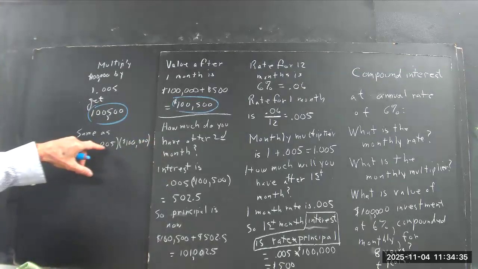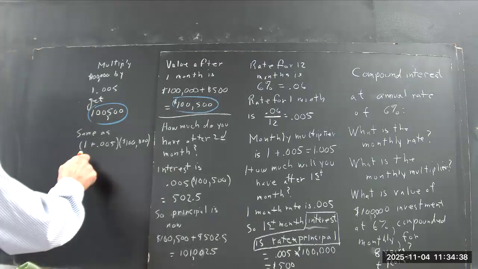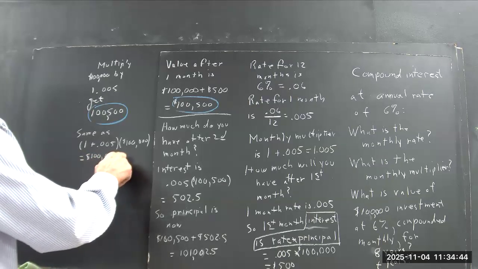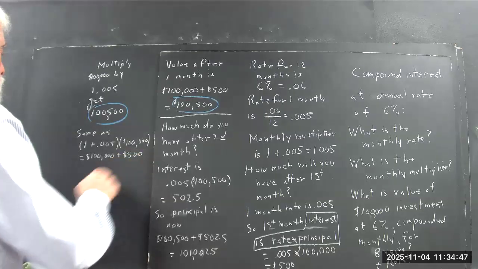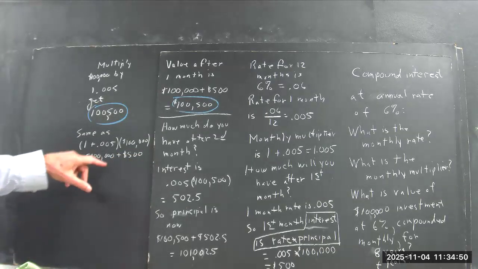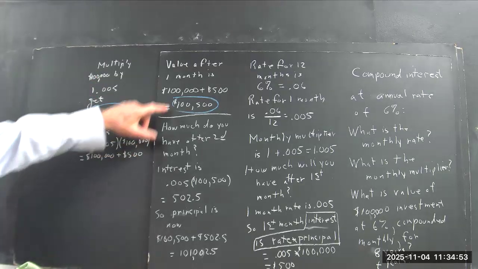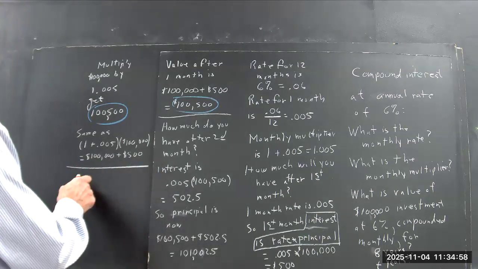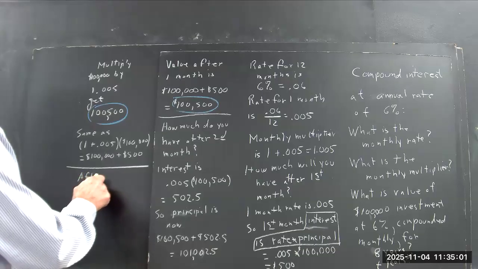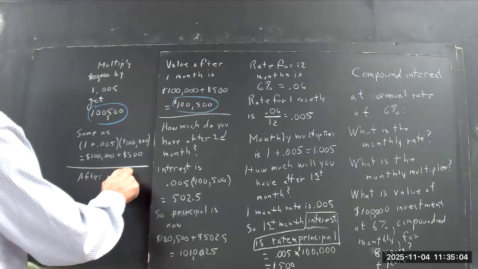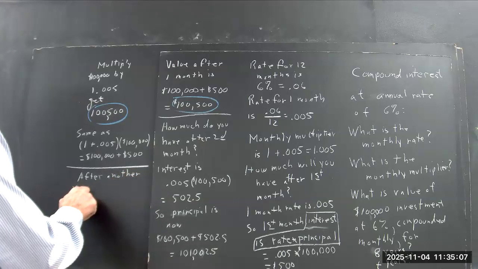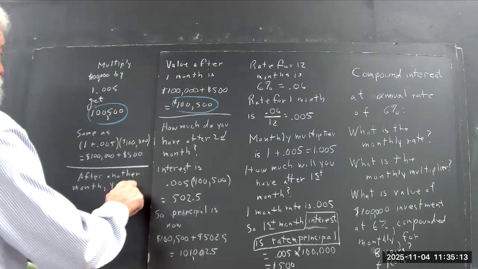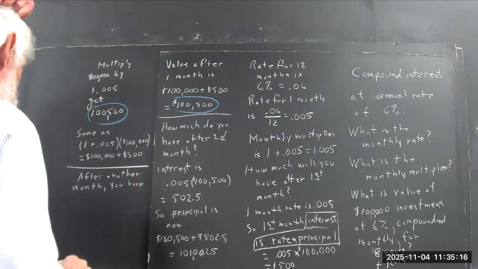That's the same as 1 plus 0.05 times $100,000, which is $100,000 plus $500. Okay, that's why this gives you the same thing that this did. After another month, you have what?